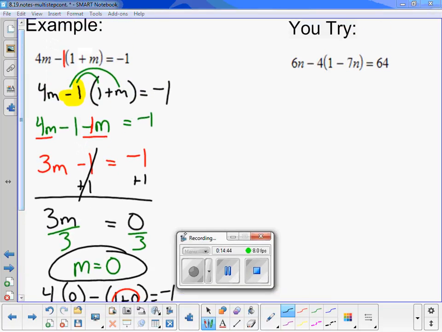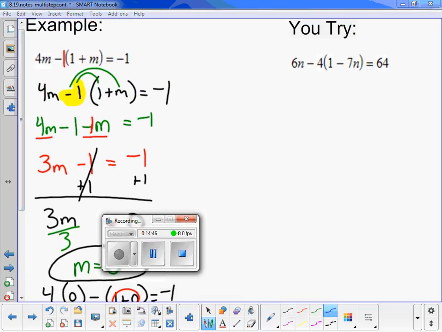And the problem to the left, looking at the left-hand side, notice that we have some distribution that needs to go on. And notice that it's a negative 4, not a plus 4, so I have to distribute negative 4. So I bring down the 6n. Negative 4 times 1 is negative 4, so we say minus 4.